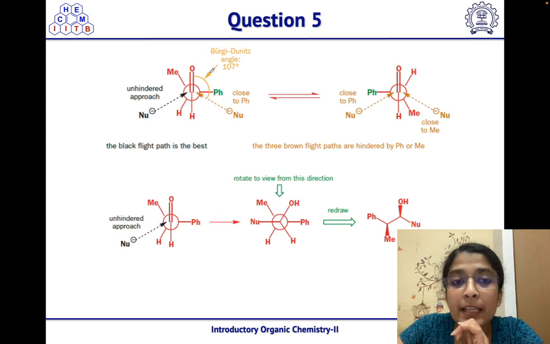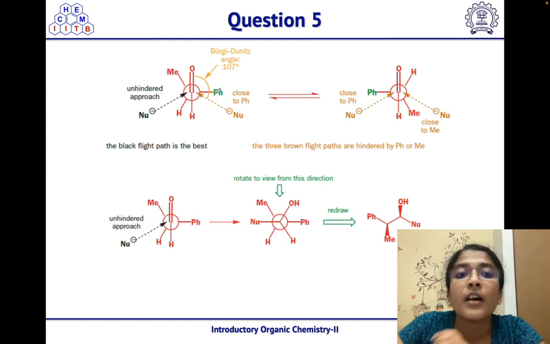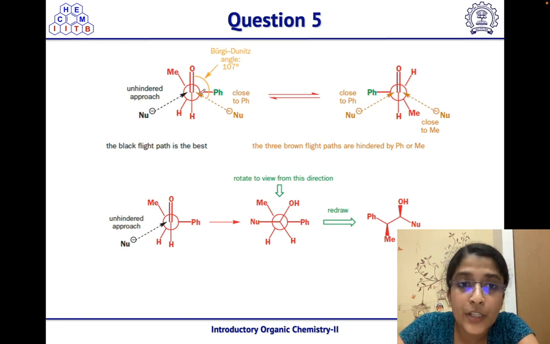And as we have seen in the Felkin-Anh model, this model is called the Felkin-Anh model, the largest group is written perpendicular to the carbonyl. So the largest group in our question is the phenyl group. So it can be written perpendicular to this carbonyl, and these two are the conformations which we will obtain when this phenyl group is written perpendicular to the carbonyl.